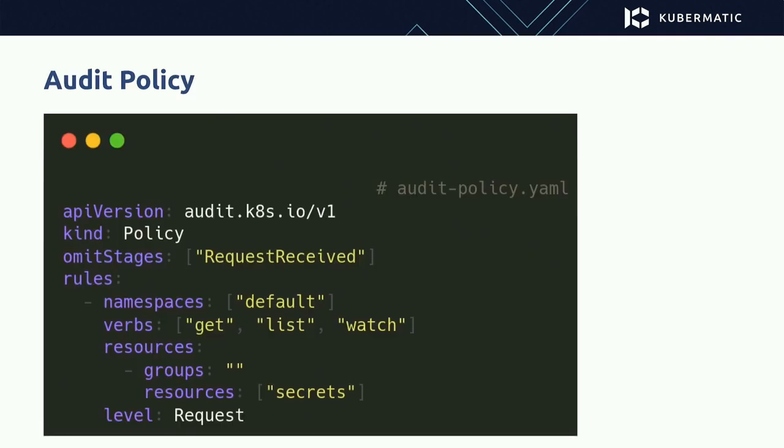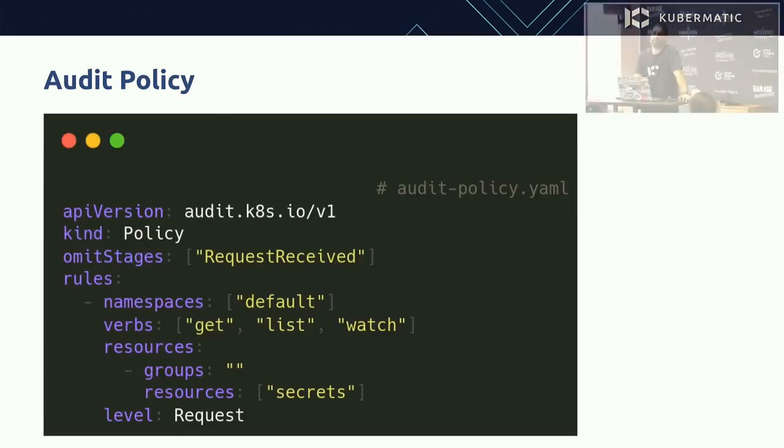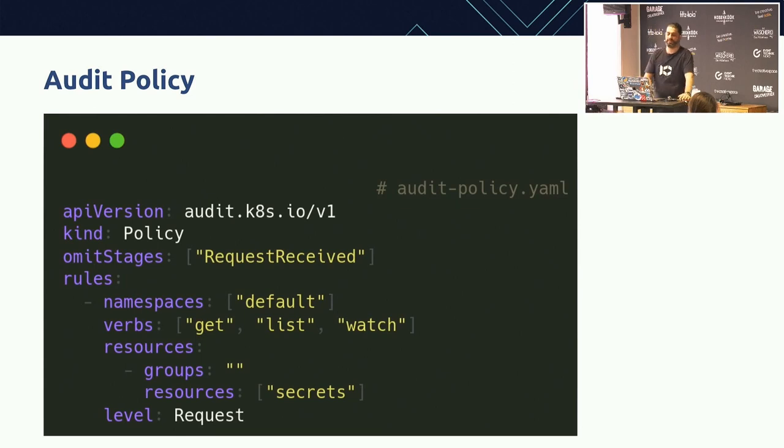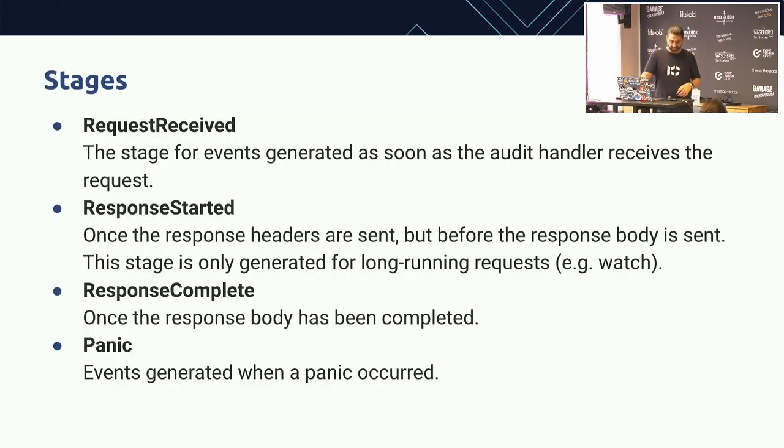You should enable audit in your clusters, but it might provide a lot of logs. So you should be checking on what resources and what kind of actions you are auditing. You should have some audit policy, and there are different stages for those. I think you should check the documentation on how to enable it.